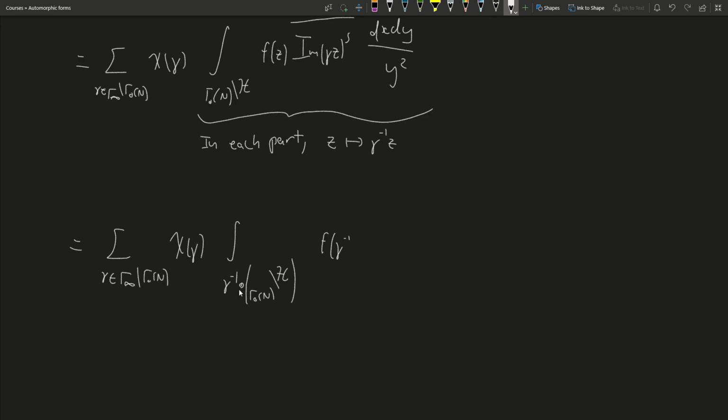Maybe this should be, sorry, there should be no inverse here. Okay. And then we have f of γ inverse z, and then the imaginary part of γ times γ inverse z. So this is just the imaginary part of z to the s. We still have our conjugate. And then the measure stays the same. And this is something that was talked about previously, that this measure is invariant under these Möbius transformations.